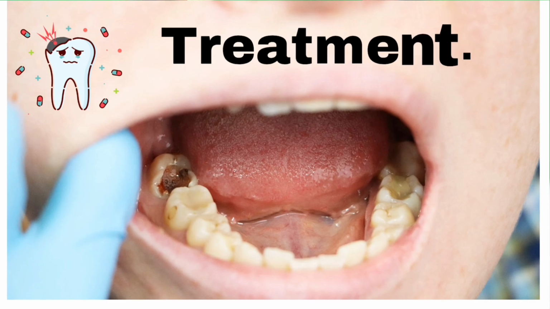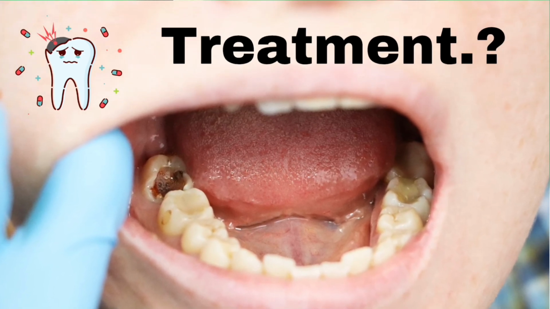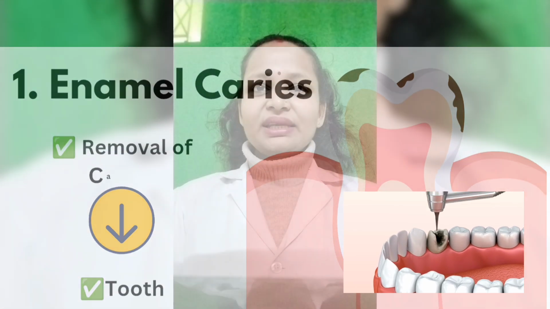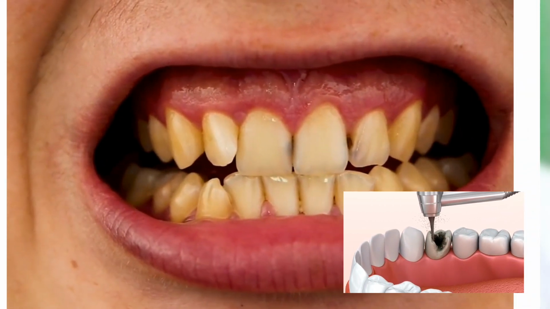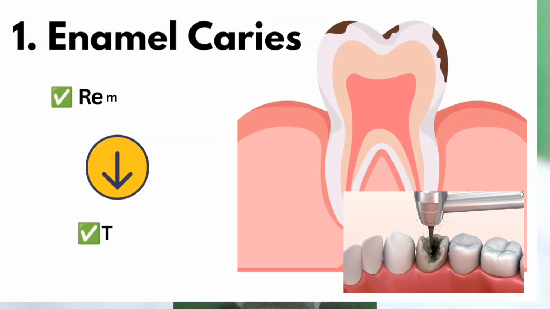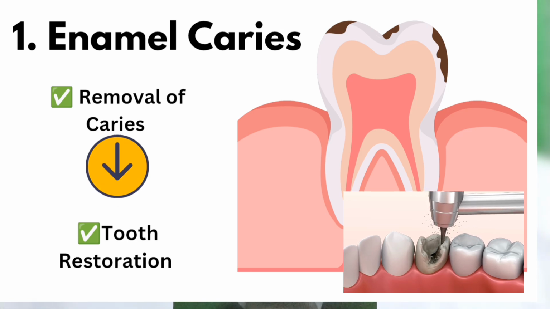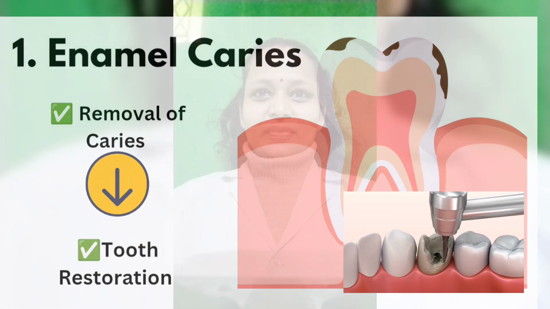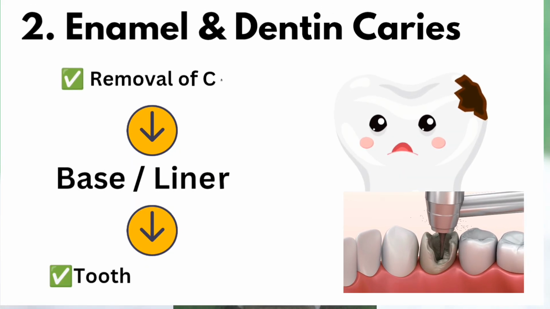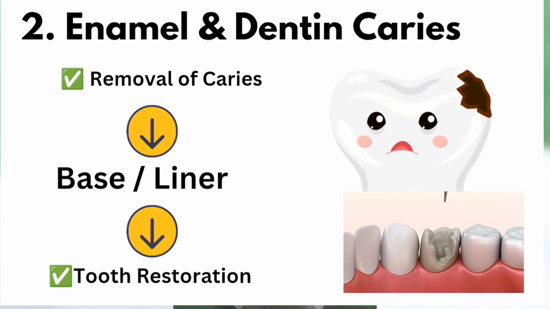Now coming to treatment of interdental caries, I will divide this into 3 phases. First phase, if only enamel is affected, in that case we just remove the decayed part of the tooth and restore with GIC or composite. In the second phase, enamel and part of dentin is affected.